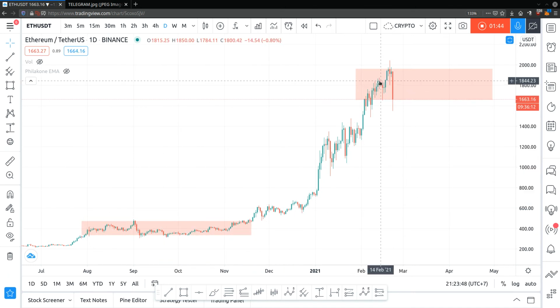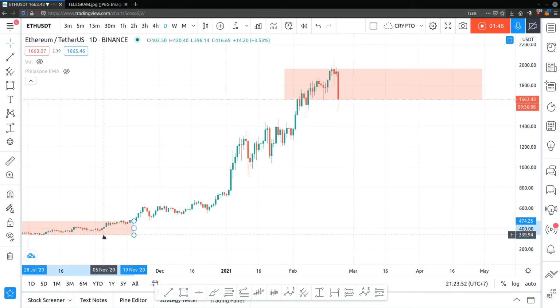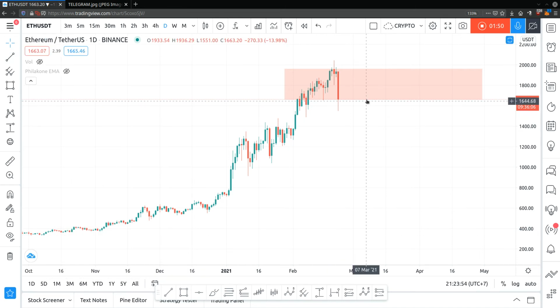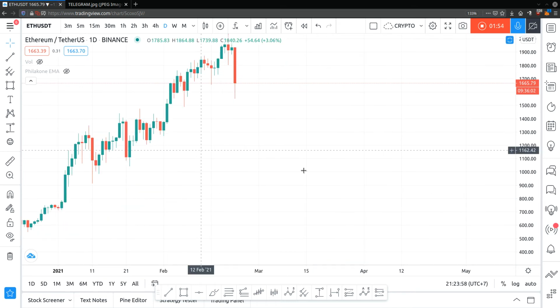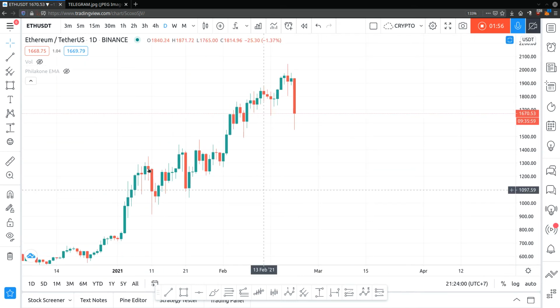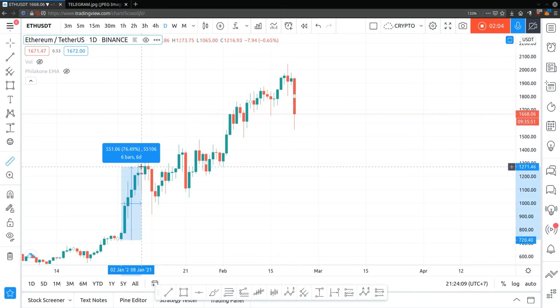Buying low, selling high. Okay, so next up, I just want to touch upon candlesticks, because when you look at candlesticks, what really is it? A candlestick is a bunch of people panic buying or panic selling. So this candlestick right here, it has pumped 76%.